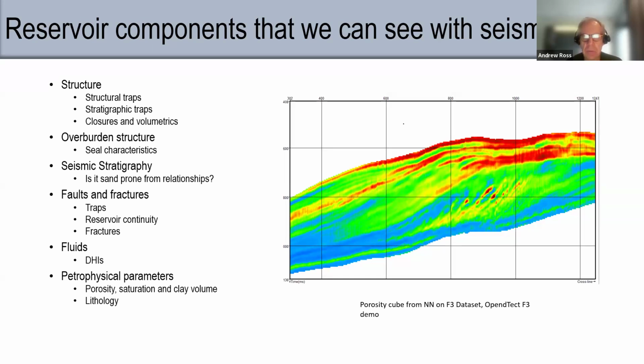And for those of you who have been following the progression with CCS, carbon storage, and that kind of stuff, one of the things that is happening is that we have to make a better picture of the overburden. The European Union, for example, is going to require that there be 2 seals for any CCS structure.